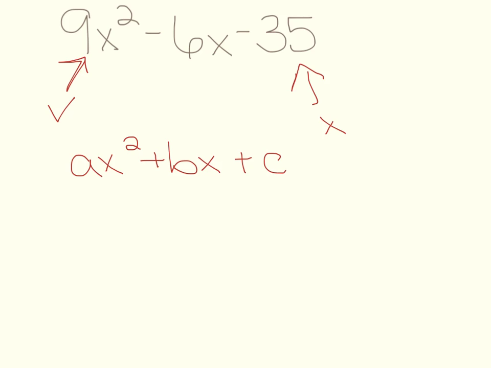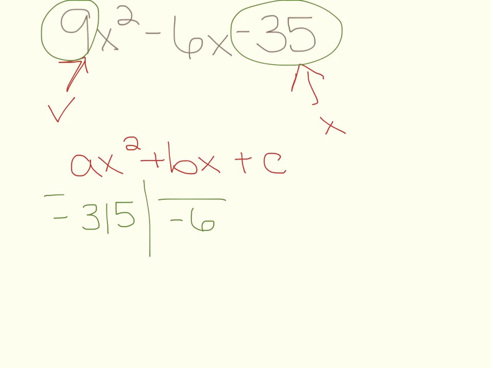To do that, remember this is where we multiply our first number and our last number. We need to find two numbers that multiply together to give us negative 315, but that also have a sum of negative 6.